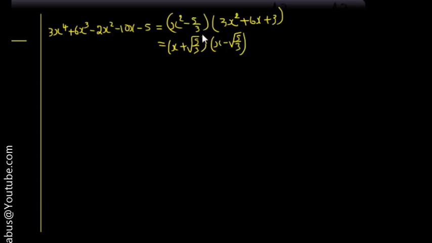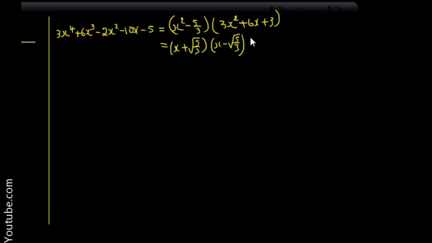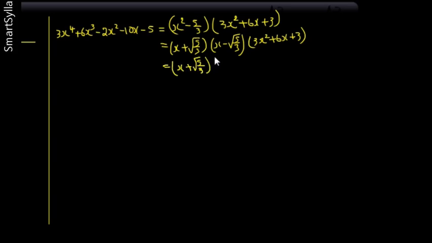So now the reverse process, from these two brackets, this root as it is, then this bracket as it is, 3x square plus 6x plus 3. Then write both the brackets as it is first, x plus square root of 5 by 3 into x minus square root of 5 by 3. Now these two at least are the roots as we discussed.